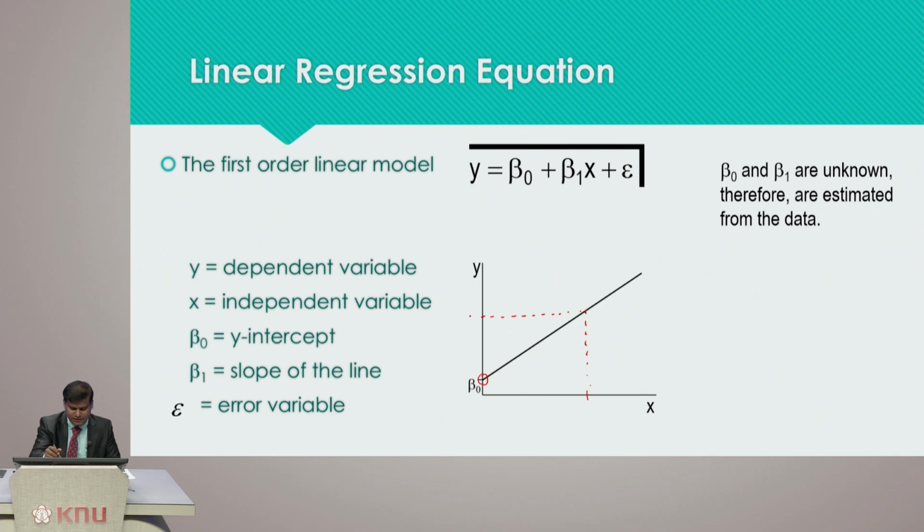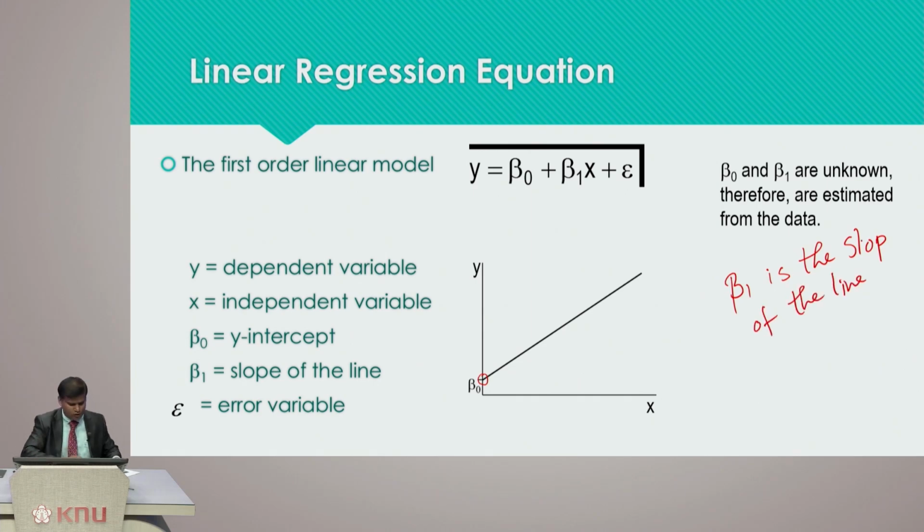So what we are looking at here is the slope. Let me do it again. So beta 1 is the slope of the line, and it can also be referred to as the coefficient.